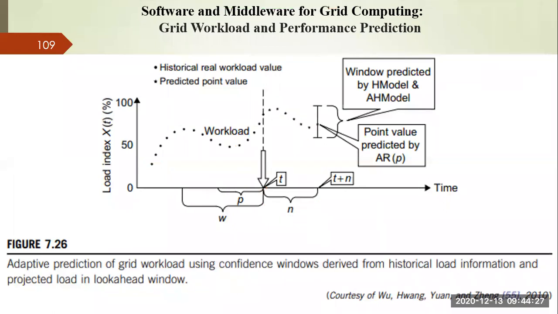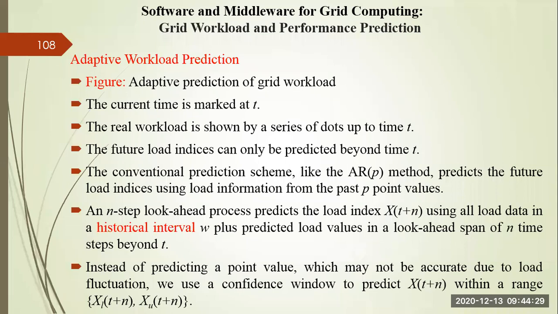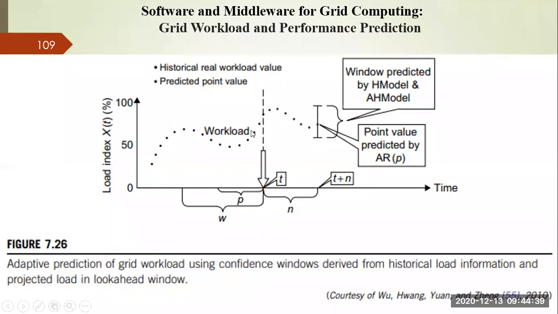So for this, you have a process, right? You can see the current time is marked as t, and the real workload is shown by a series of dots up to time t. So this is the real workload and these are the predictions. You can see these are the dots and these are the star marks. The star marks are the predicted ones. What will happen in the future?